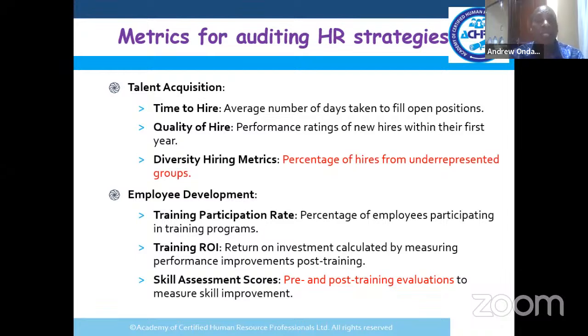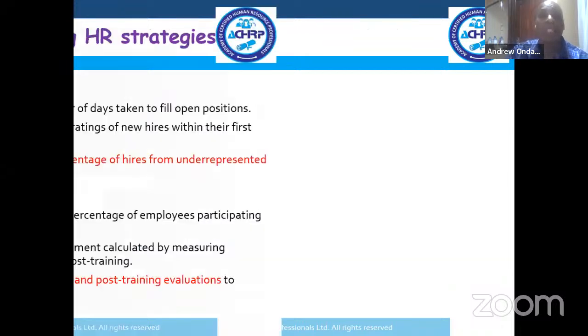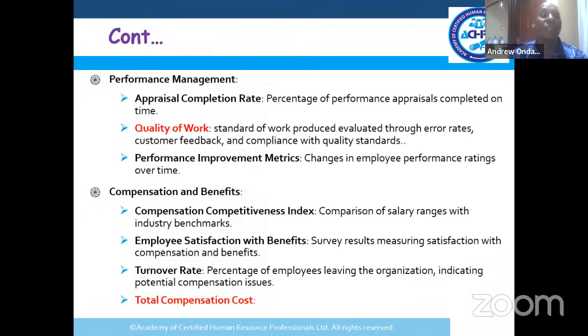So you audit the skills of the employees after training and even before the training. So this will help us to identify where there are gaps in terms of skills and what can be done to improve these skills. The third element which we are going to measure is performance management.